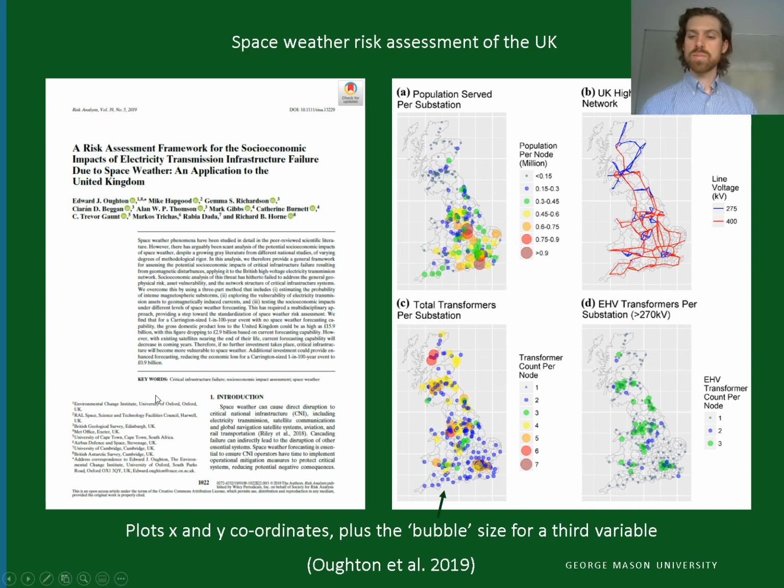Sorry, the node count, so the count of transformers per node. But the point is that we're able to show, using an X and Y latitude, longitude coordinate, the location of that individual node or asset, and then also we're able to use color and the size of the bubble to demonstrate a third or a fourth dimension to the data.